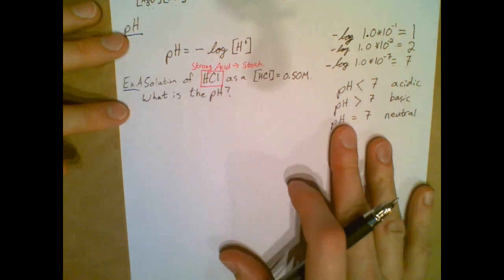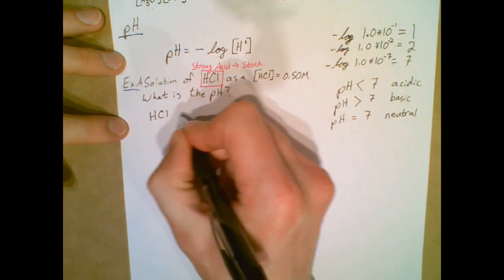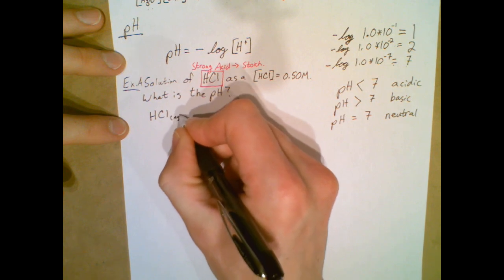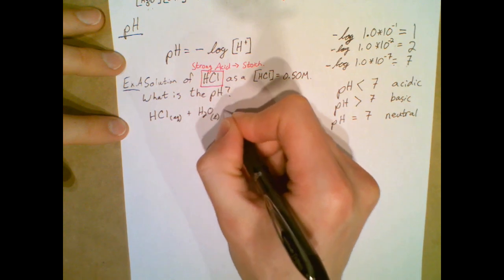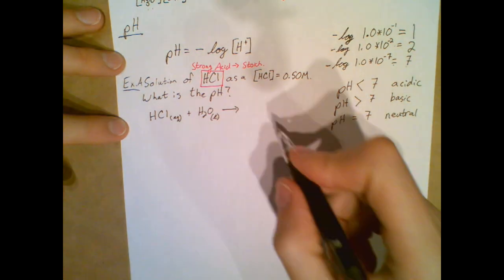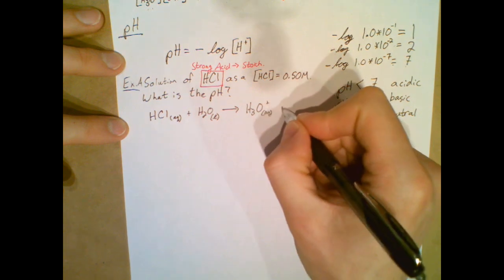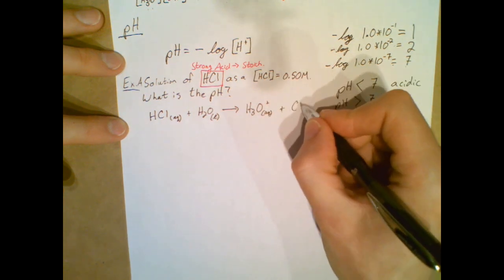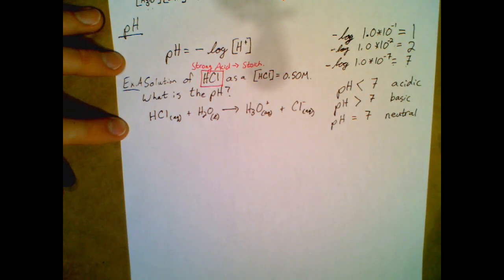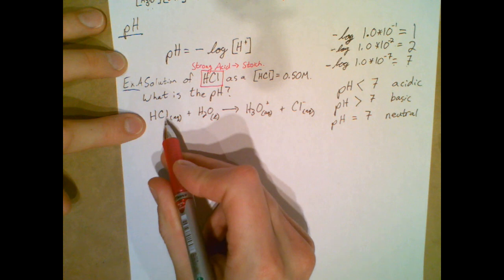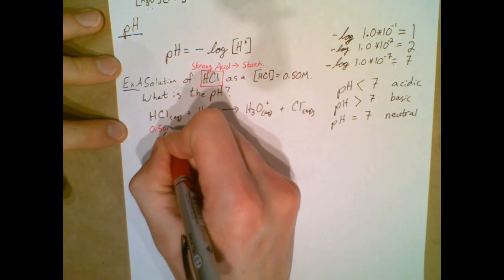So what that means for us is we're going to use a balanced equation of HCl reacting with water, strong acid, so one-way arrow, producing H3O+ and our conjugate base Cl-. We know that the concentration of HCl is 0.50 molarity.